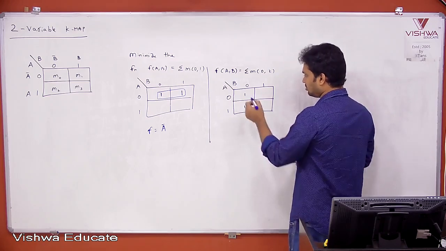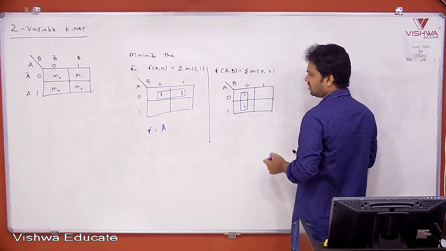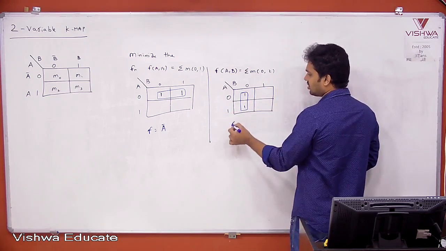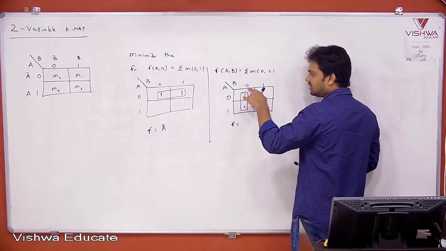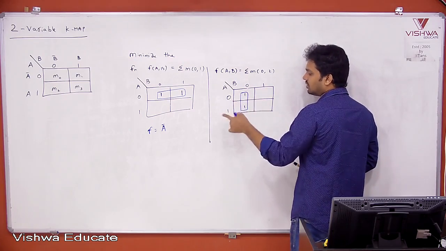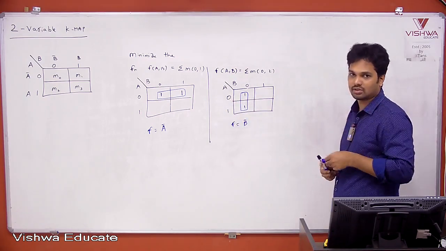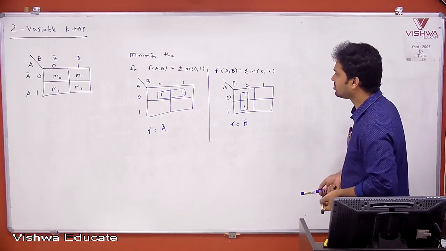So now you can form a pair. Now in this pair, what is common? This is not common, only this is common. What is this? B bar, or B bar into A bar plus A, which is nothing but B bar. K-map always we should write minimized expression only, because our ultimate aim is to minimize the expression.